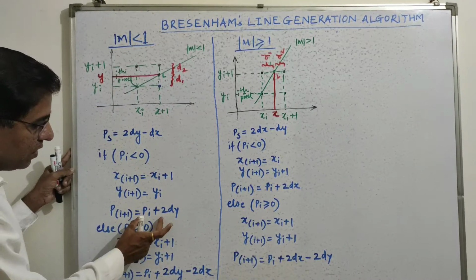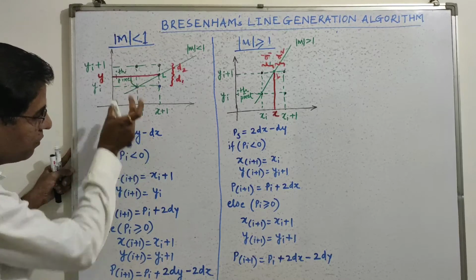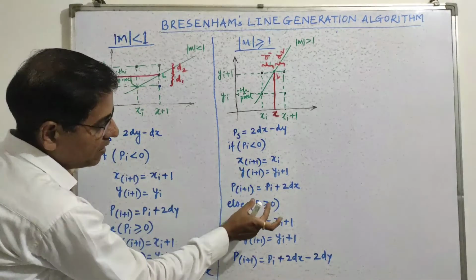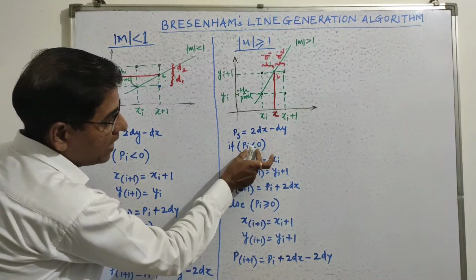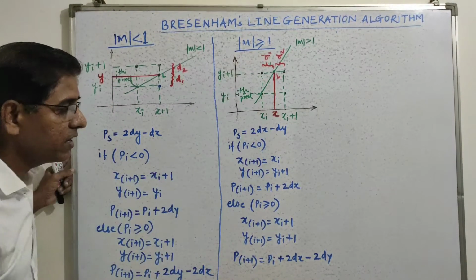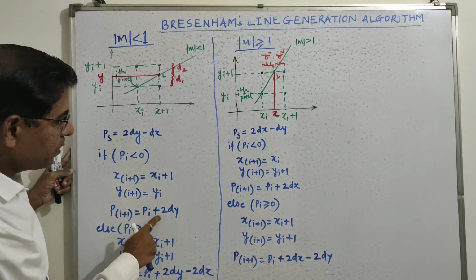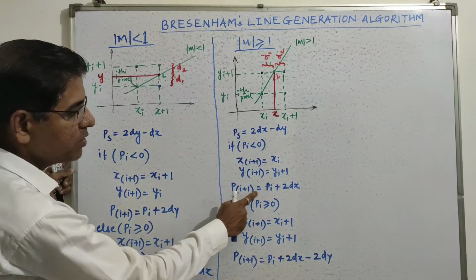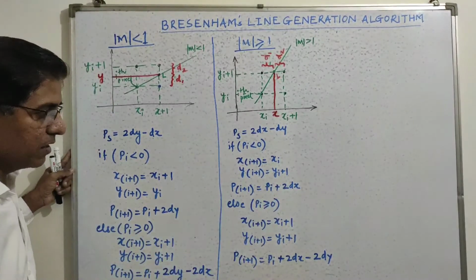Now if you see the decision parameter for the next pixel for pi less than 0 in case of slope less than 1, and in case of m greater than 1, it is pi plus 1 equals pi plus 2 dy, and it is pi plus 1 equals pi plus 2 dx. So dy is replaced by dx here.